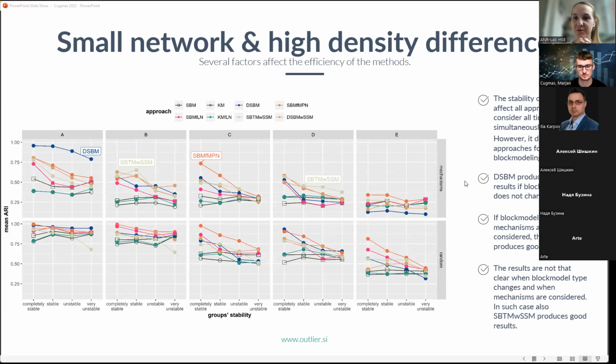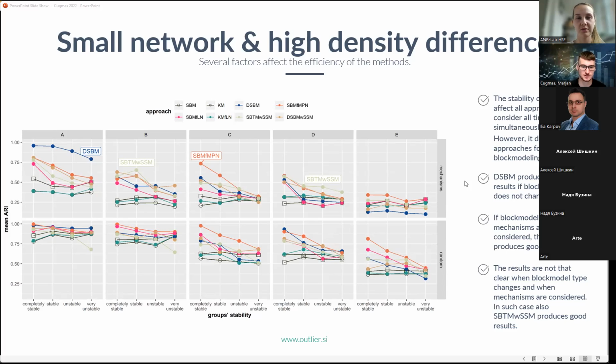Yeah, but thinking from the side of social science, if we are analyzing some social processes, it seems like the links are not changing randomly, but exactly according to mechanisms. So based on this analysis, we can conclude that if we are analyzing social networks in social sciences, it is probably better to use small networks, and use these approaches for small networks, and then we will get better results.